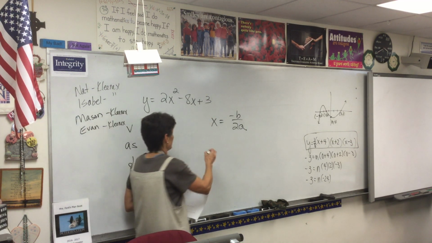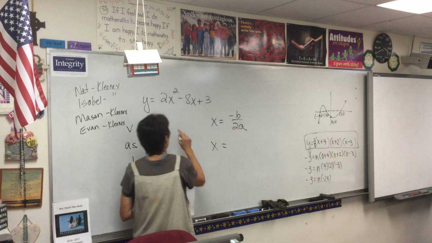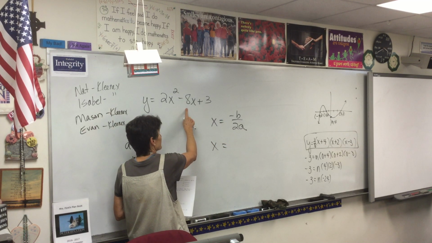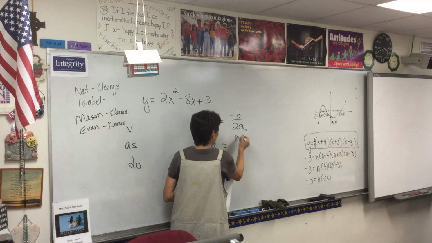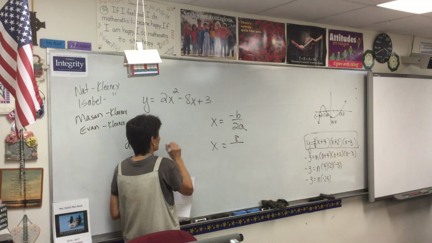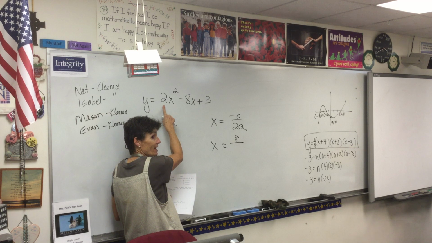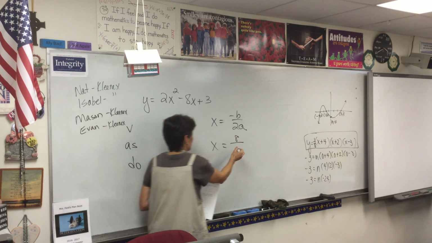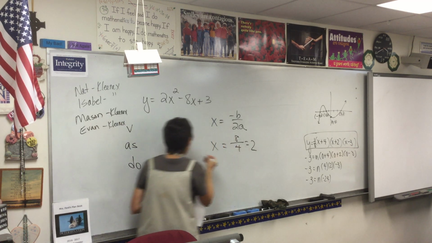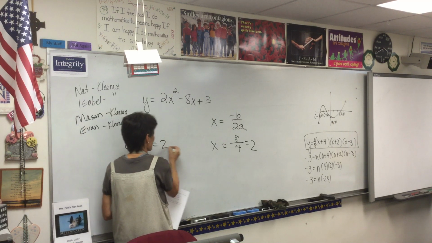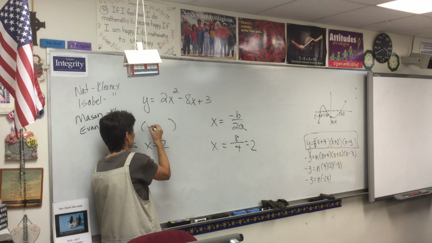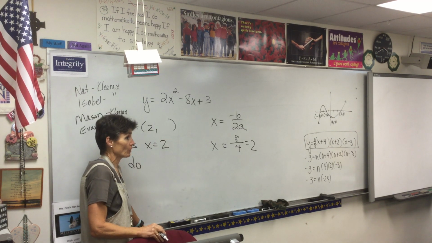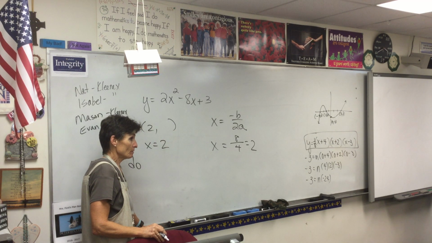So in our problem, what is b? B is negative 8. So negative b will be 8 over 2a, which will be 4. So your axis of symmetry is x equals 2, which means your vertex has an x coordinate of 2.